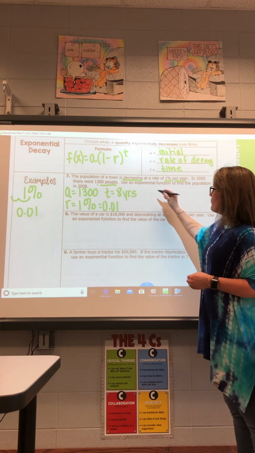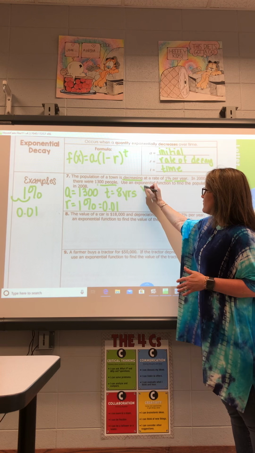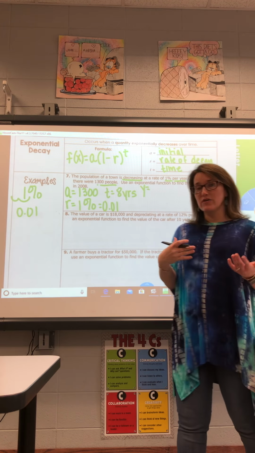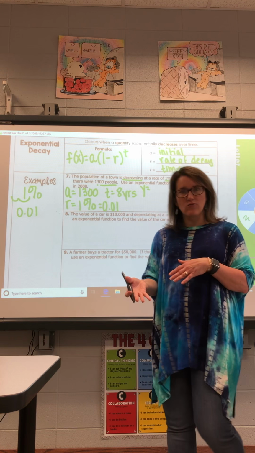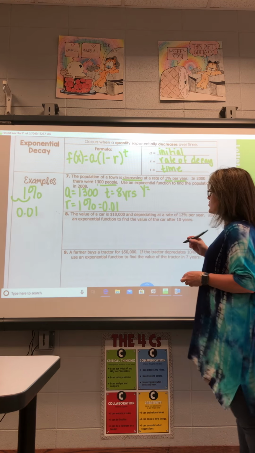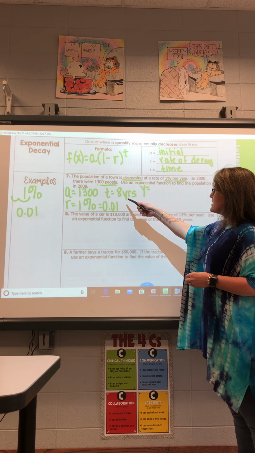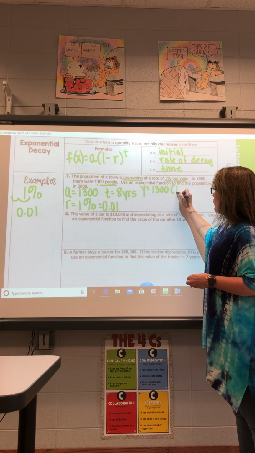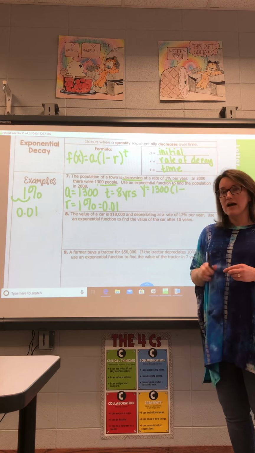Let's plug into our formula. Again, I'm going to change f of x into y just to save a little space, because we know f of x is function notation that takes the place of y. Interchangeable values here. So A is my initial amount at 1,300 people, and then we have 1 minus our rate.